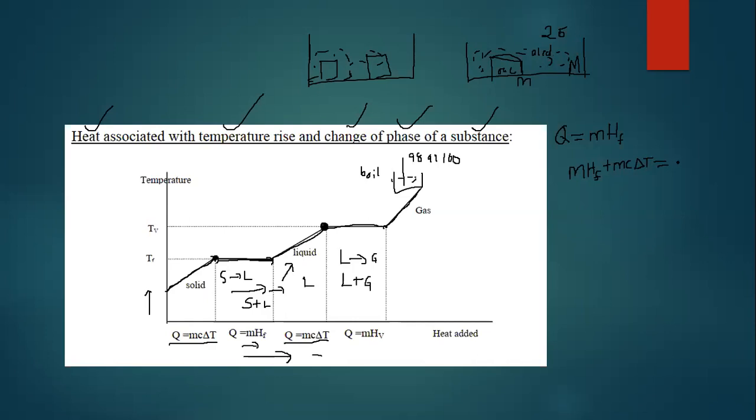So on the other side of the equation, we write the other mass for the liquid, which we are calling capital M, and then its specific heat capacity, and its change in temperature. This is how we write the equation. On this one side, we have ice gaining energy. On the other side, we write what will be losing energy.